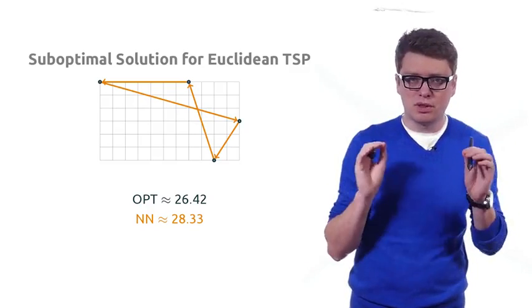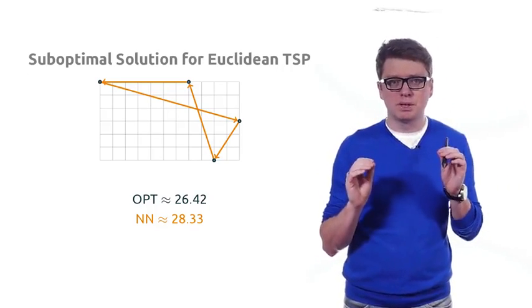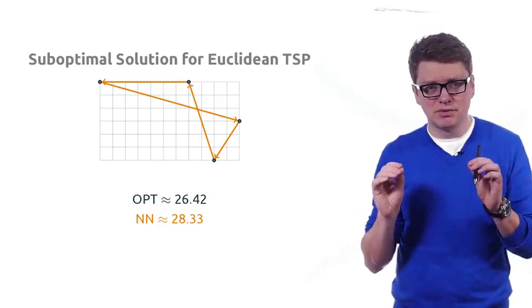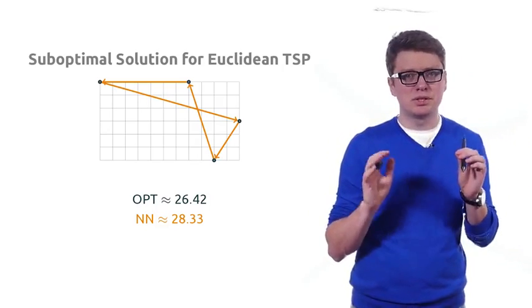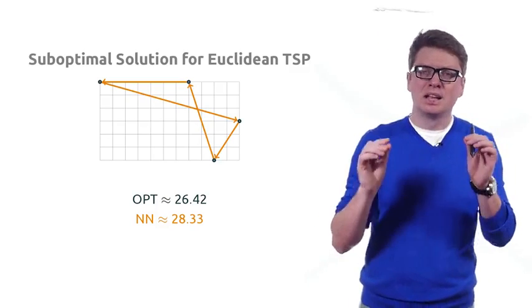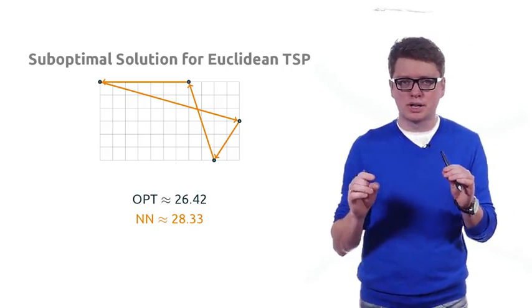So first of all, this is an example where this heuristic produces a suboptimal result. There are other examples where this heuristic, even for Euclidean TSP, produces a much worse result than an optimal one. And still, let me remind you that in practice this heuristic works quite well.